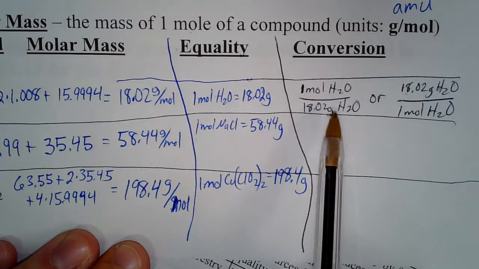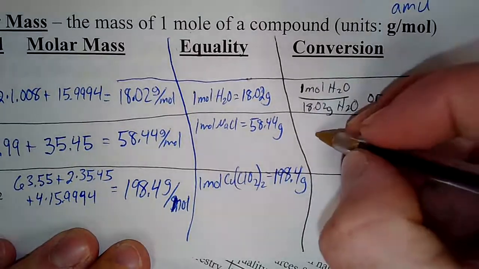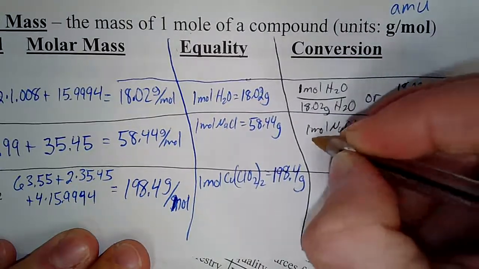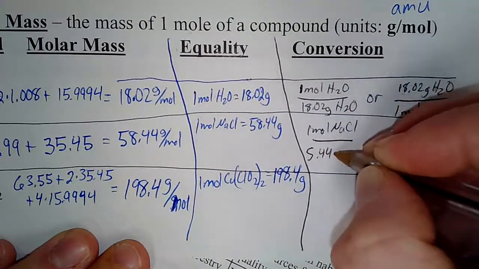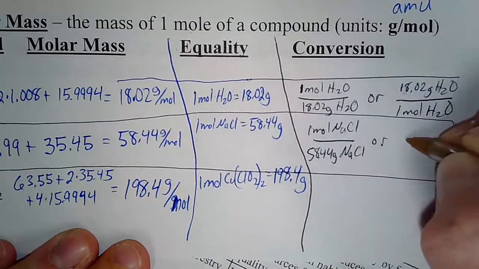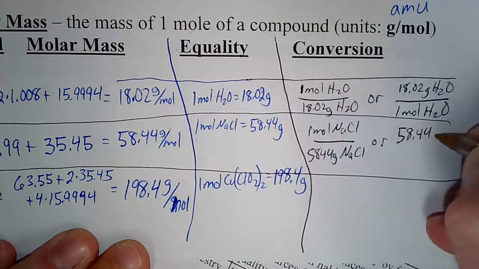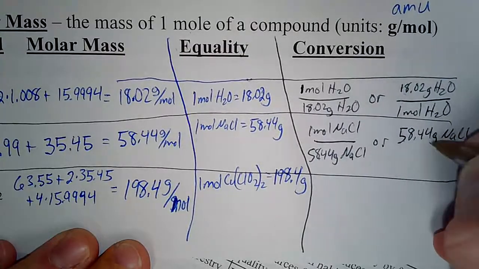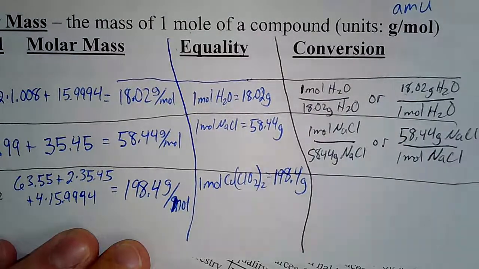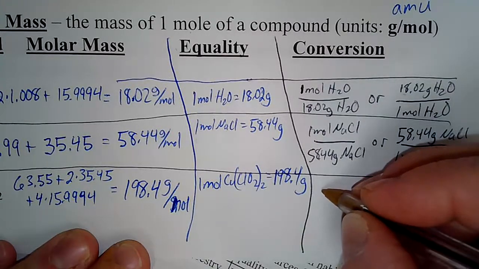You're trying to cancel out grams, right? And this one you'd use if you were trying to cancel out moles. Same thing here. You could put the 1 mole of sodium chloride over the 58.44 grams of sodium chloride, or you could do the grams over the moles. And same with the copper 2 chloride.